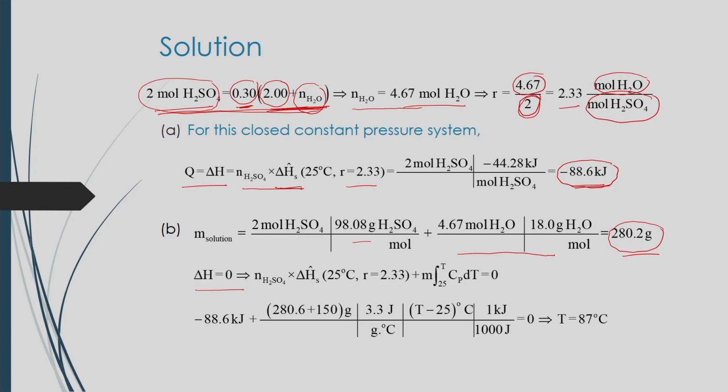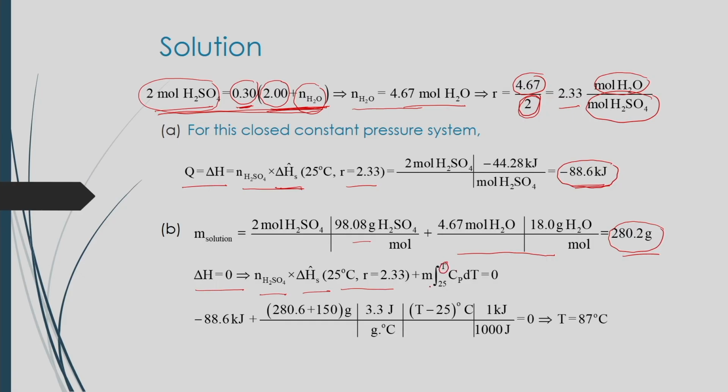That is, the amount of sulfuric acid and the heat of solution at 25 degrees Celsius of the diluted solution, plus there will be a sensible heat change because of the change of temperature. That temperature you do not know, you have to find it out. So, let us consider that temperature as T, which is to be found out.